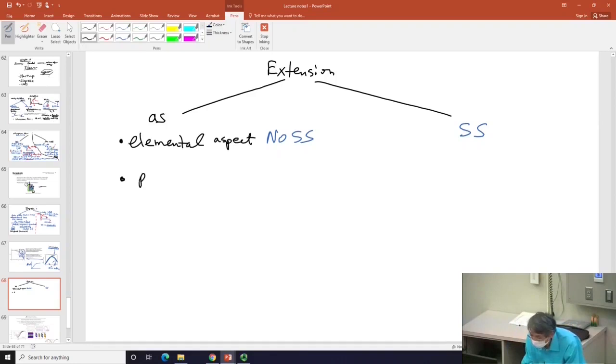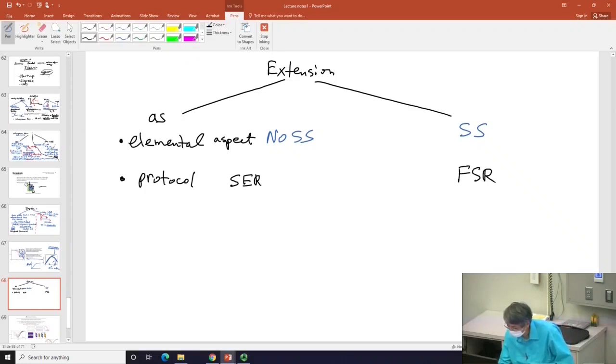So that's one. The second element is with regard to protocol. Well, that you know. We talked quite a bit. The sentiment, extension rheometry versus FSR. We'll say a little more after this.